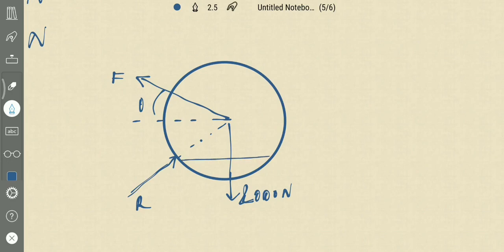This is 150. This is 300, which is the radius.